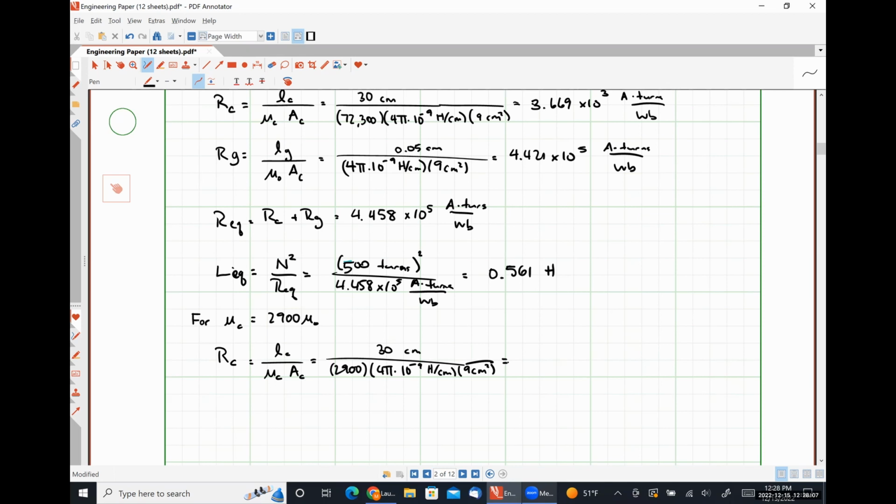That's going to give us 9.147 times 10 to the 4 amp turns per Weber.